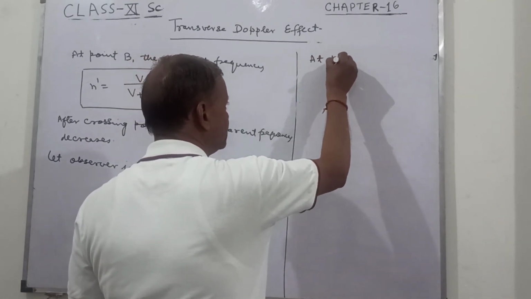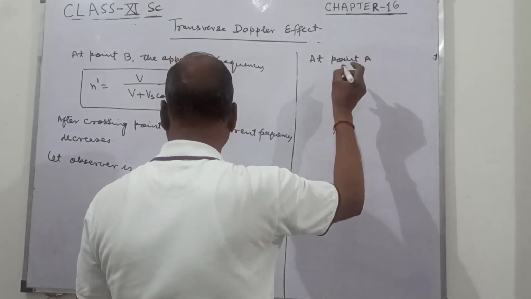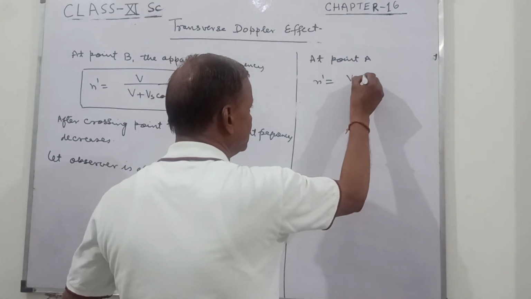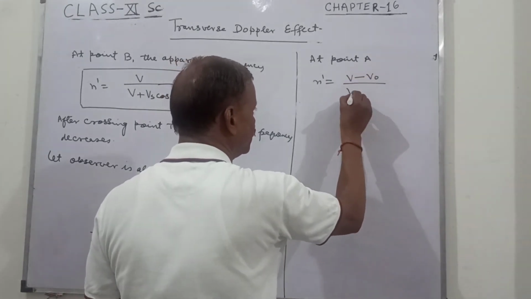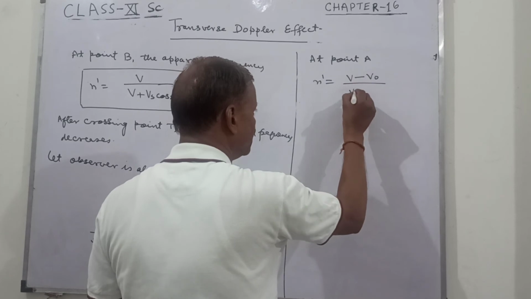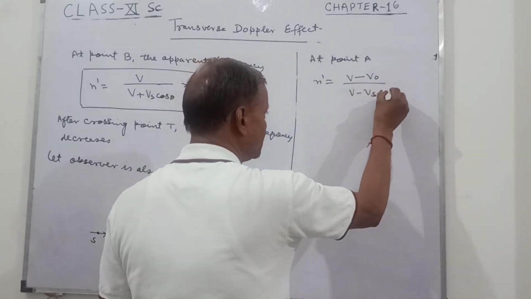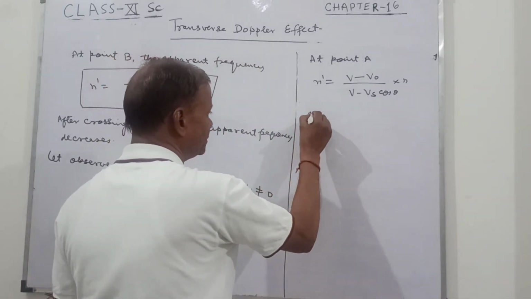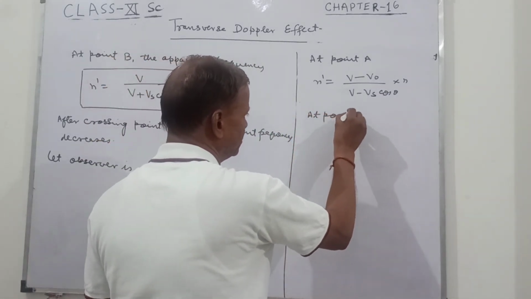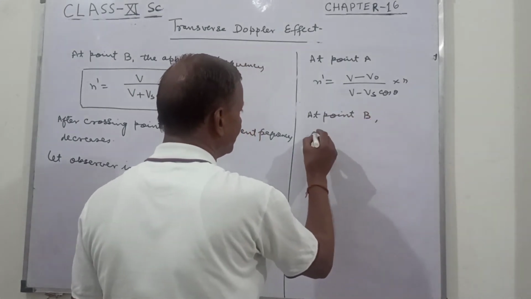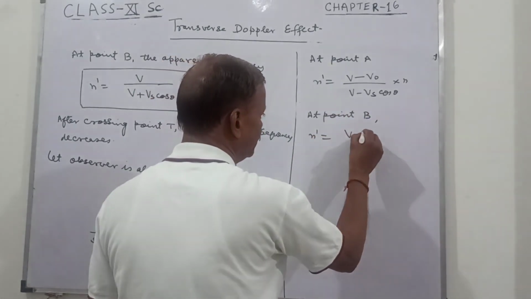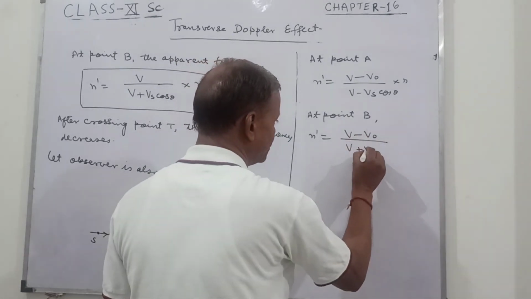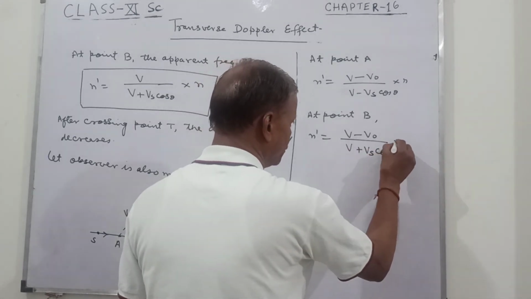At point A, n dash equal to V minus V naught upon V minus Vs cos theta into n, and at point B, n dash equal to V minus V naught upon V plus Vs cos theta into n.